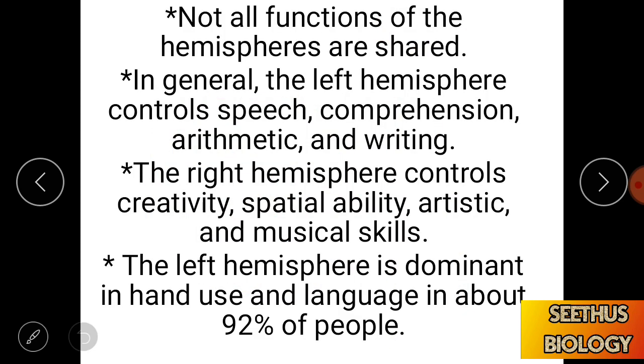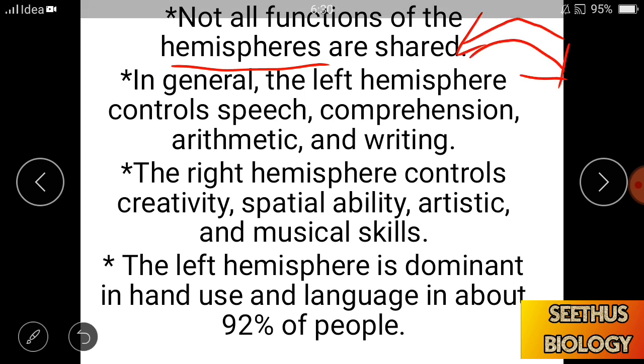So next one, not all the functions are going to be shared between these hemispheres. I already said that the left transmits the message to the right and the right transfers the message to the left, but all the functions are not shared in both hemispheres.